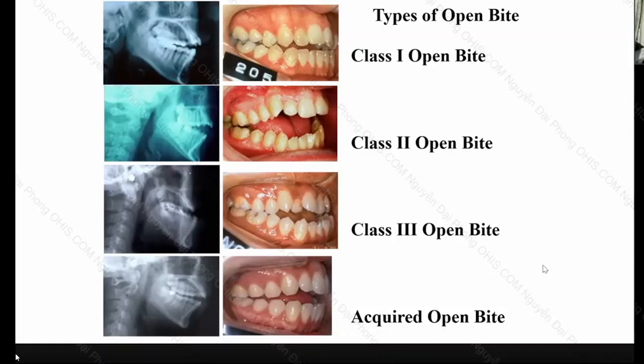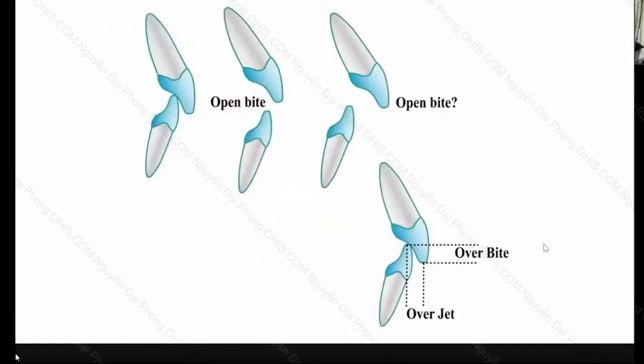And this is the open bite. Dr. Yang Kim, a long time ago, defined open bite like this. This is a clear open bite. But how about this? Is this an open bite or just an overjet increase? Yeah, a little bit difficult.